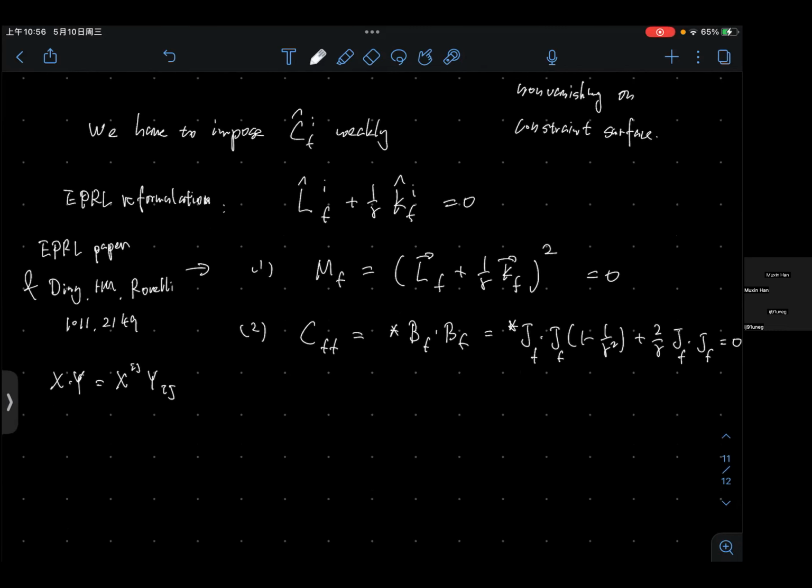And then you can write these constraints in terms of SL2C Casimir operators. That's the convenient part of this constraint.